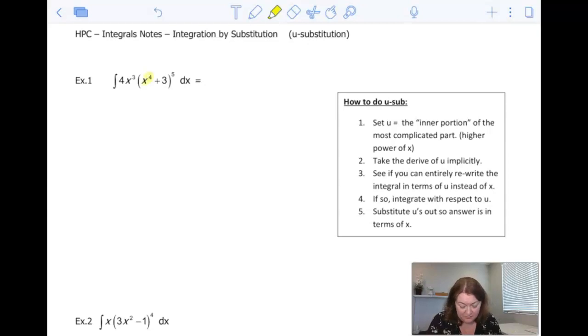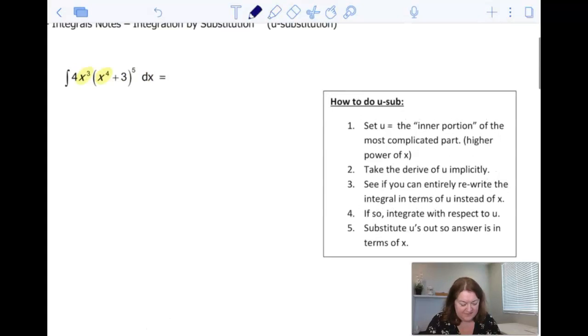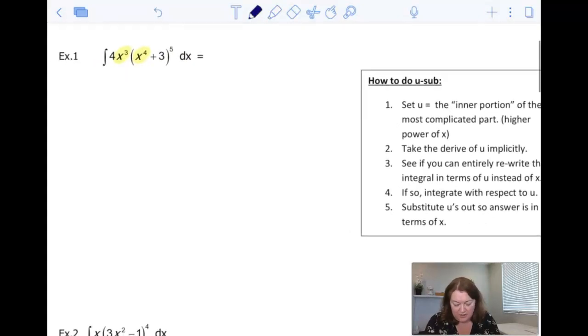What I'm noticing right away is that this x to the fourth and this x to the third are likely good U-substitution options. If I take the higher one and set it equal to U, I'm more likely to have this work. So my first step is to switch it into U equals. Let's say U equals x to the fourth power.